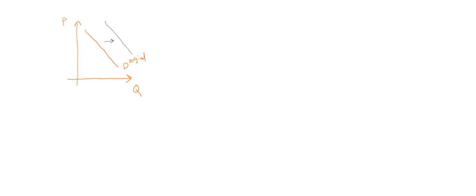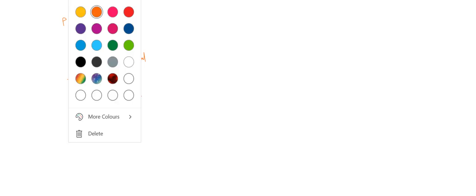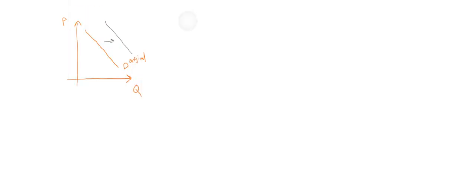Why is that? Well, let's go through a single point. Let's assume that we want to have a look at this point. So for the original demand, we had 3 quantities that were demanded, and the price for these 3 quantities was set at $10.